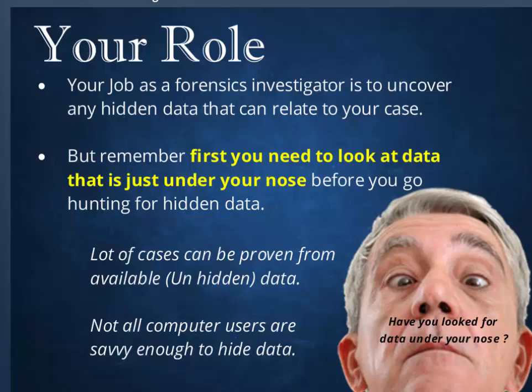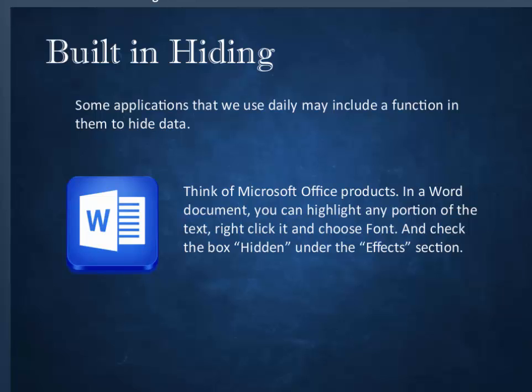I want to caution you again that you should first look at data that is available, that is just under your nose. A lot of cases can be proven from that available unhidden data. Add to that, not all computer users are savvy enough to be able to hide data using those methods I will be describing. Okay, so let's start exploring methods of hiding data in a computer.